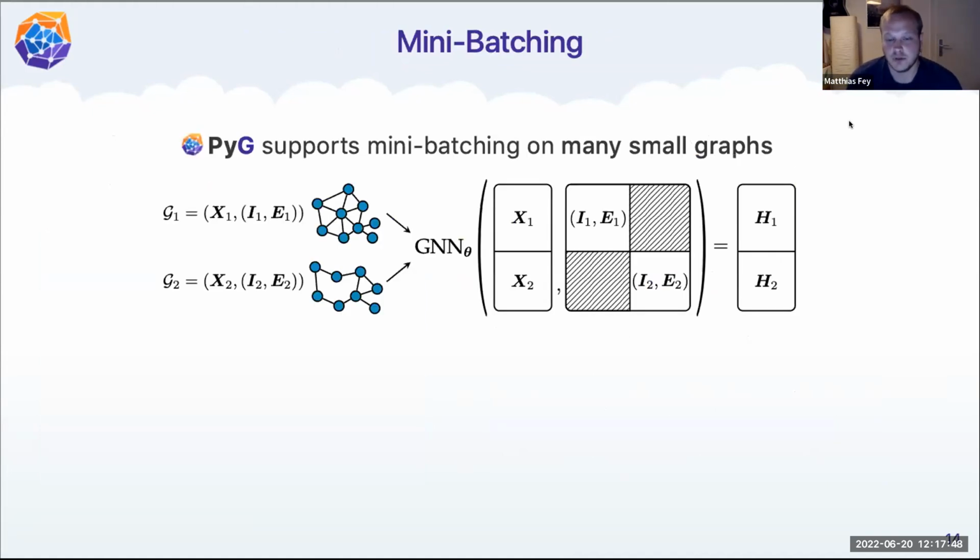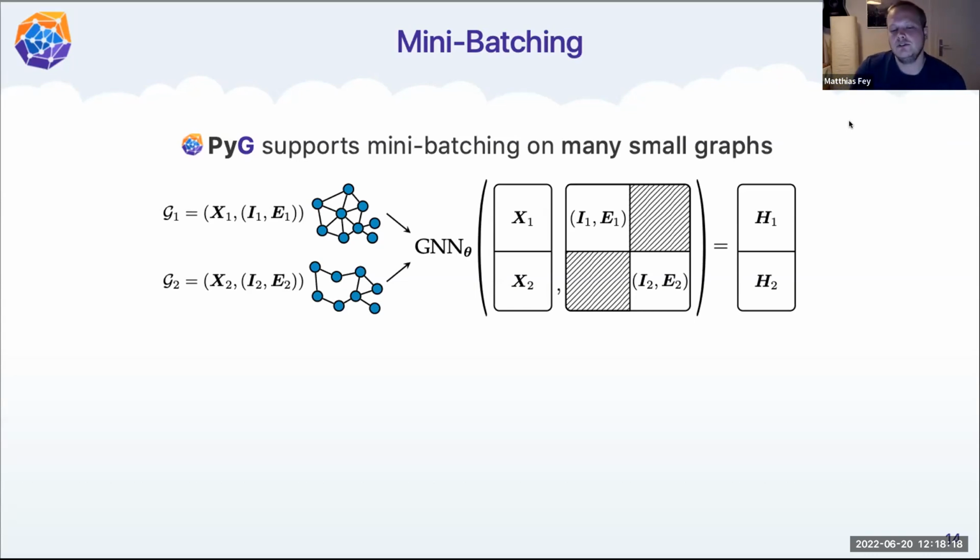PyG also supports mini batching on many small graphs, and I just want to highlight that here because it's a really famous and pretty important topic when you start building GNNs. And the general procedure here is that you represent your set of graphs as one giant supergraph. And so that supergraph just has a set of isolated subgraphs that denote your input examples.